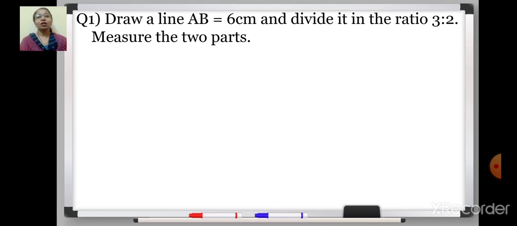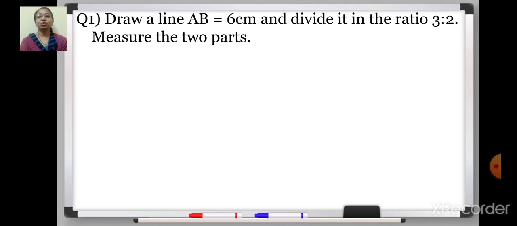Draw a line segment AB of length 6 cm and divide it in the ratio 3:2 and measure the two parts. Right. If the question is asked for 3 marks or 4 marks or 5 marks, that means if it is on the higher weightage side, in that case you will have to write the steps of construction.